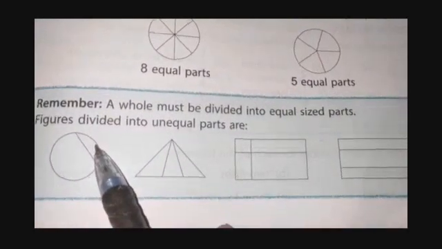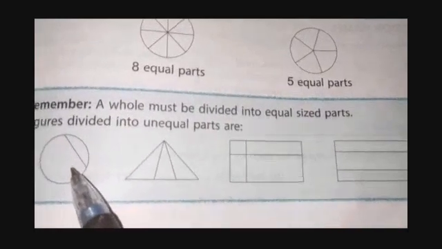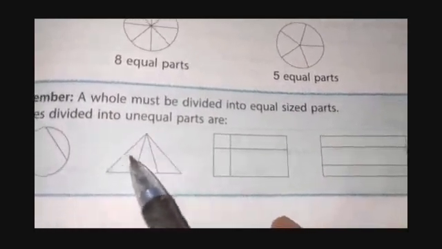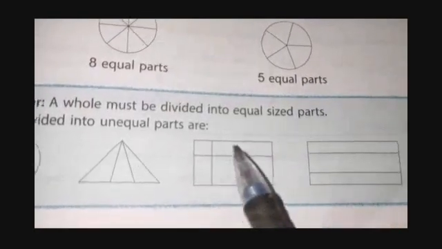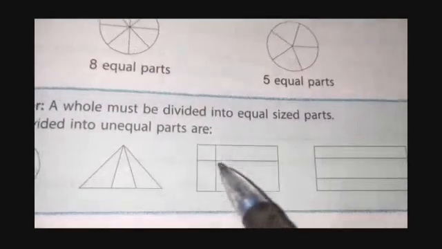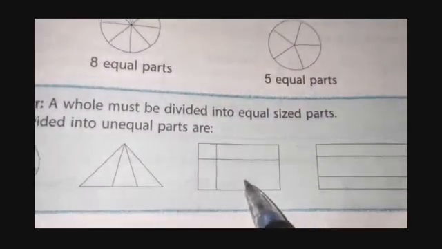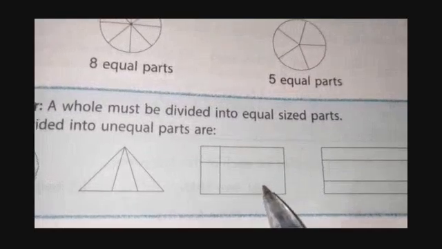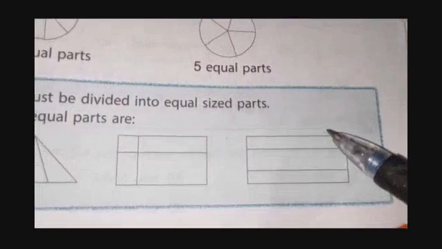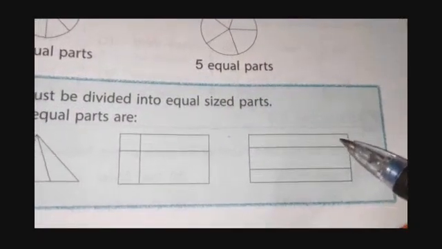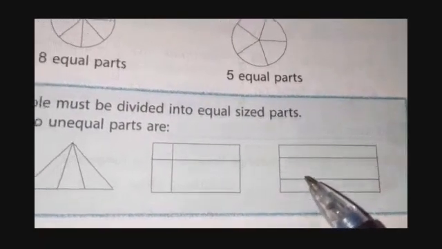This one is smaller, and this one is bigger. Here also these 3 parts are not equal. Again, this rectangle is not divided into equal parts. This rectangle is divided into 4 parts, but they are of unequal lengths. Here also, these 2 parts are equal, but the middle one is not equal.